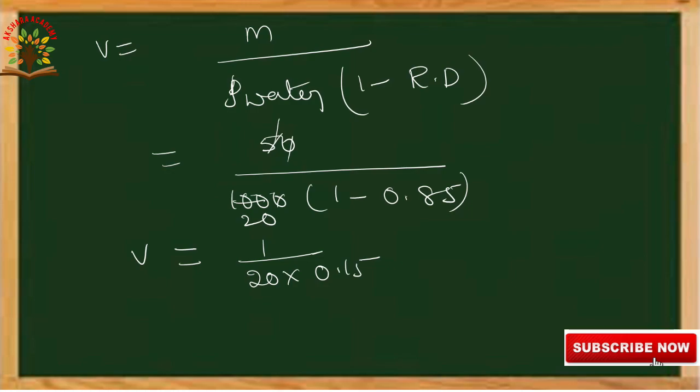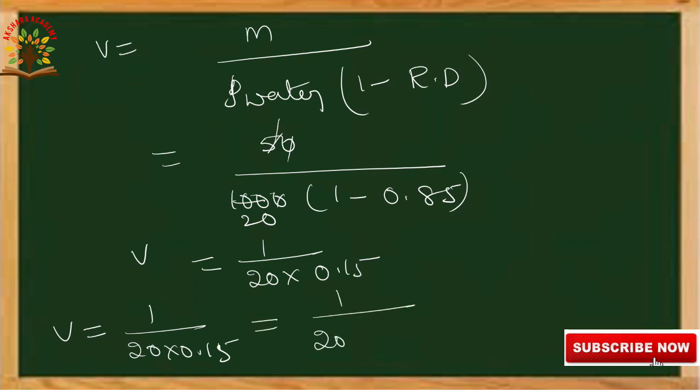So V is equal to 1 by 20 into 0.15. That implies 1 by 20 into 0.15 can be written as 15 by 100.